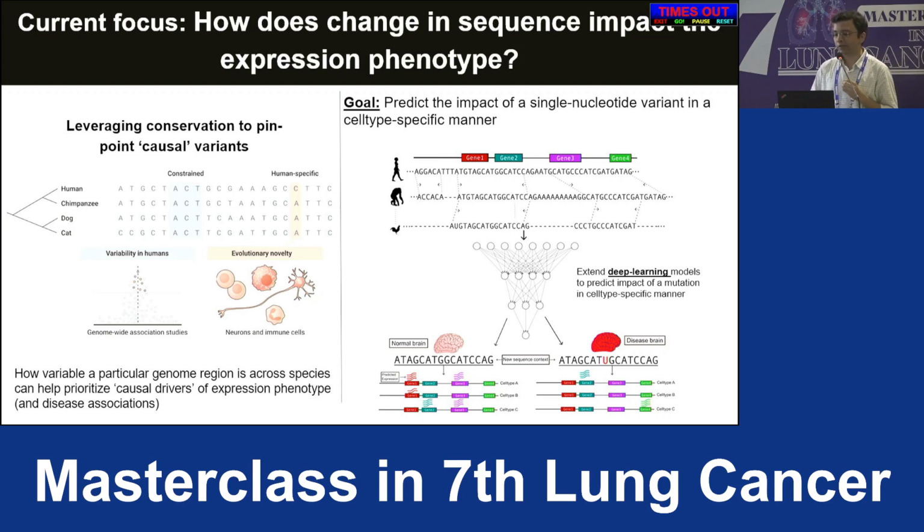The way we are doing this is by leveraging information across species. Very briefly, we take sequences from multiple organisms, which are coming from open chromatin data, and train deep neural networks to tell us what particular single nucleotide change will have impact on the expression level at individual cell types.